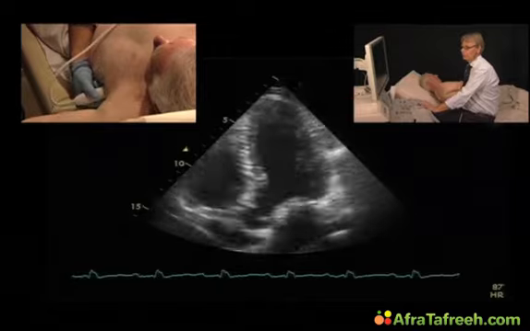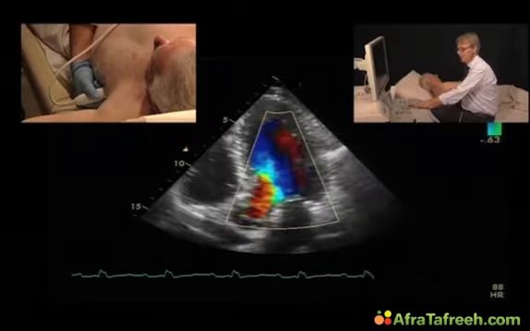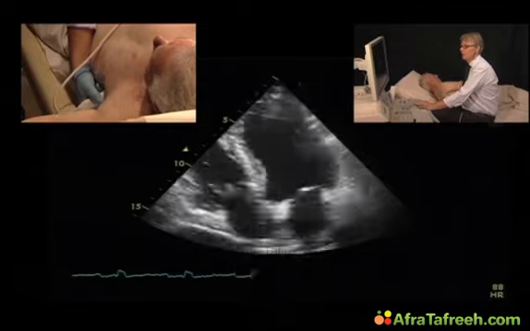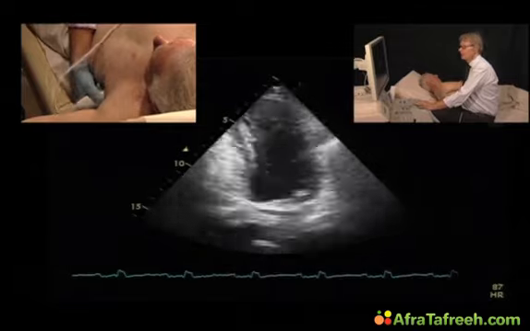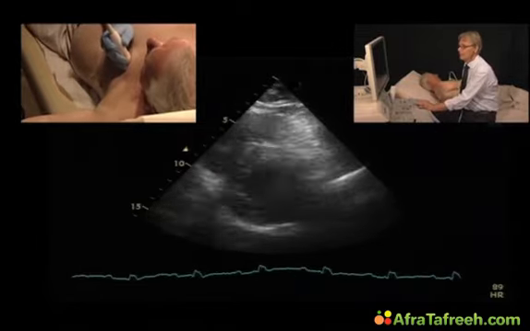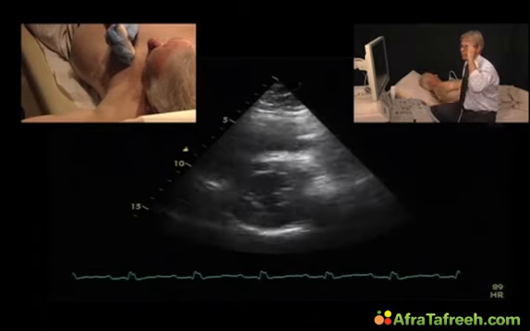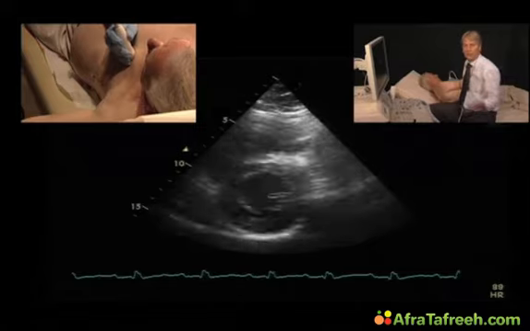The other thing we see is that the patient does not have obstruction of the LVOT, there's no SAM phenomena, and also with color we see no turbulent flow. And if you also take a look at the short axis view, you can see that hypertrophy is concentric. So all segments have approximately the same wall thickness.